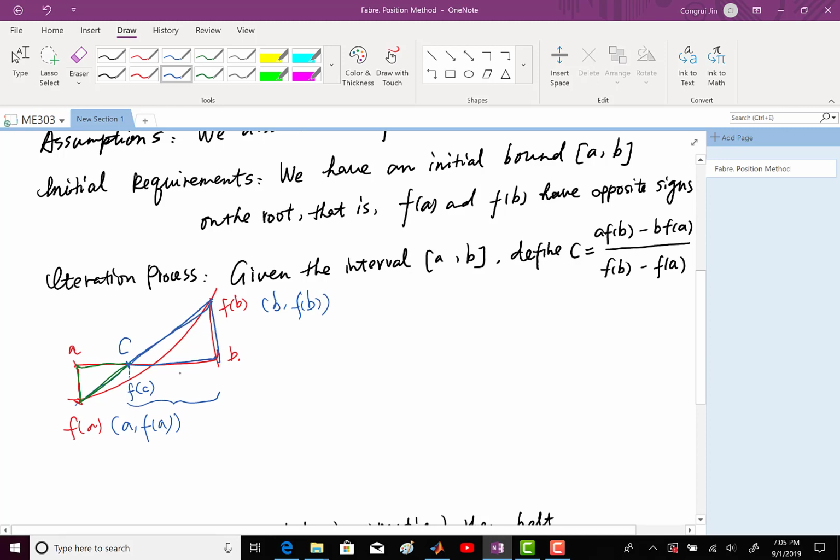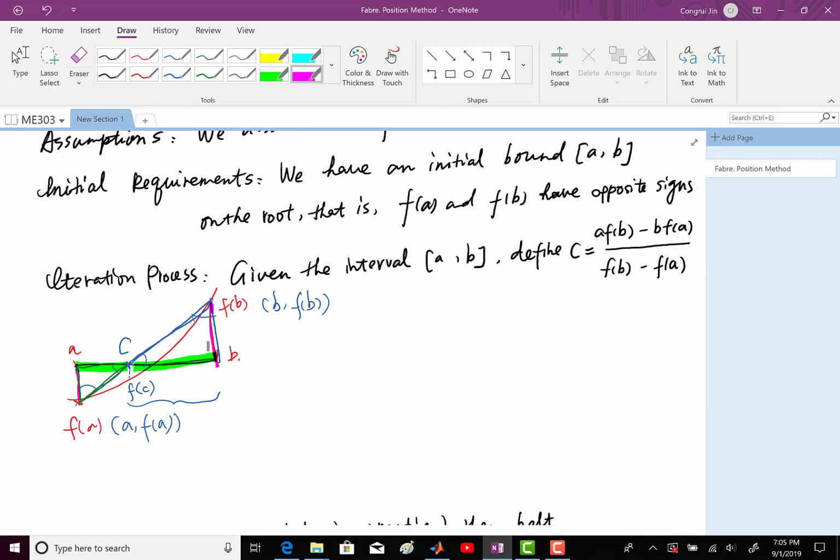These two triangles are similar because this angle equals this angle, and this angle equals this angle. As a result, this length over this length should be equal to this length over this length, because of the similarity of the two triangles.